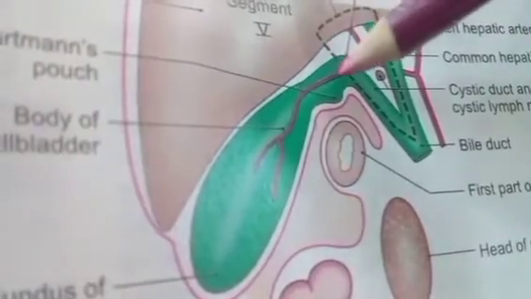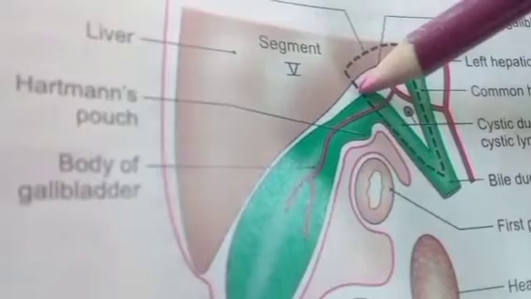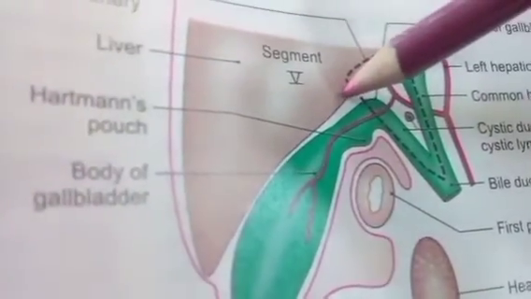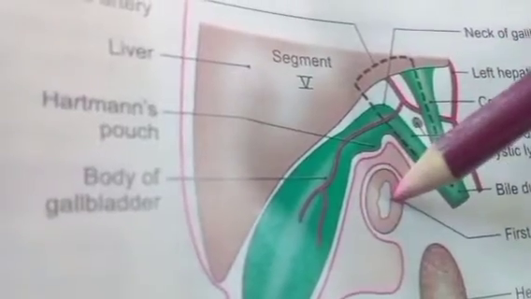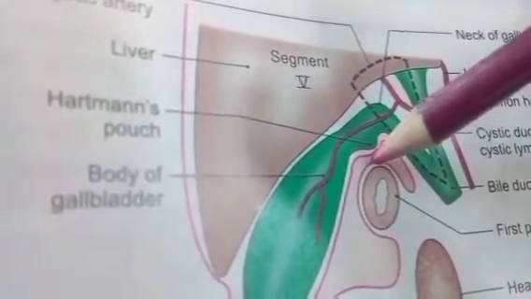Superiorly, the neck is attached to the liver by loose areolar tissue. Cystic vessels are also embedded in this loose areolar tissue. Inferiorly, the neck is related to the first part of the duodenum.